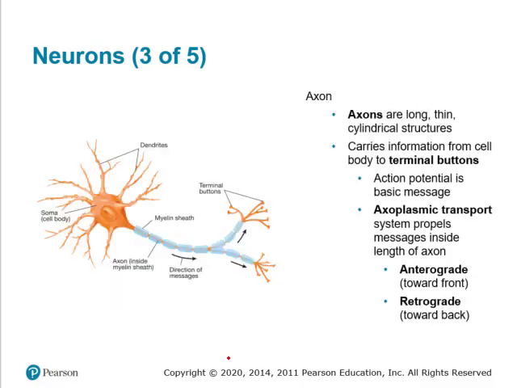The axon is this long, thin cylindrical fiber. In this neuron, it's actually divided at the end into two sets of terminal buttons.